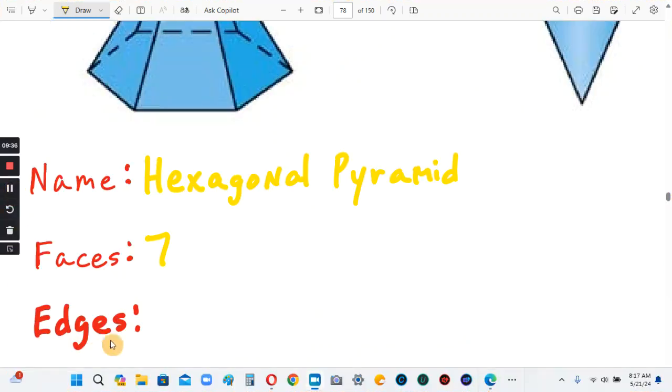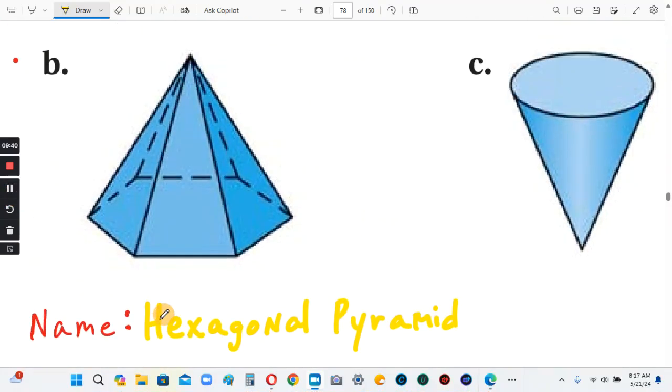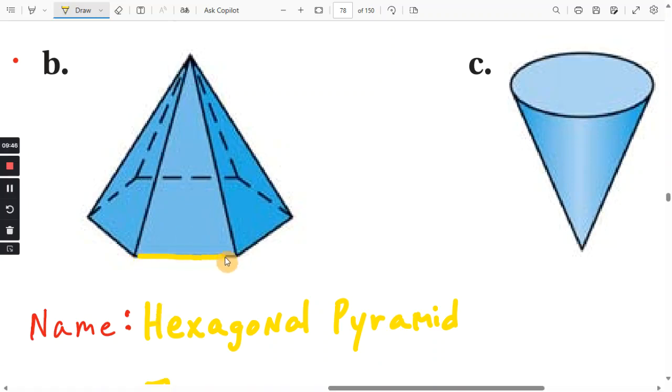See if you can count the number of edges, please. Edges on the bottom, definitely 6, right? 1, 2, 3, 4, 5, 6. So we definitely have 6 on the bottom. And then the edges that connect to the point, I think there has to be 6 of those as well.